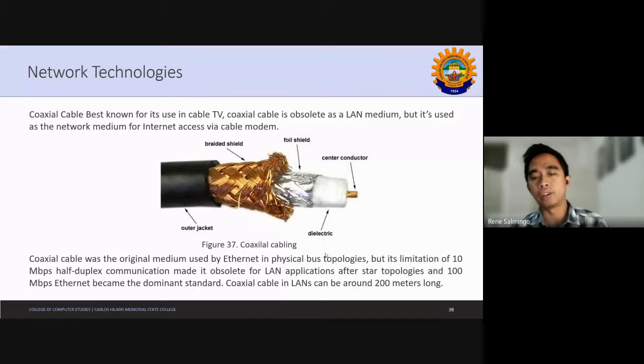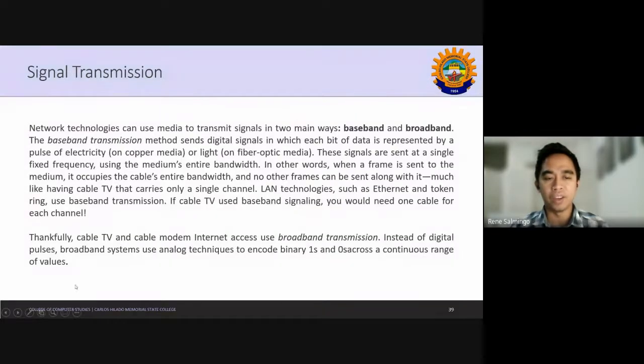Once the cable has been damaged, it cannot be easily replaced, so you will replace all the cable. The distance it could be used is about 200 meters, and the speed is also very slow for this type of technology.